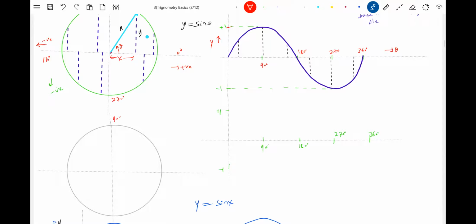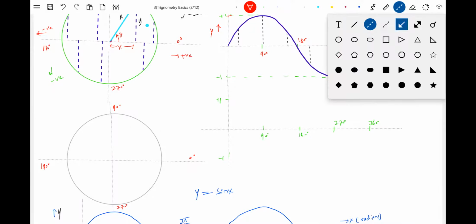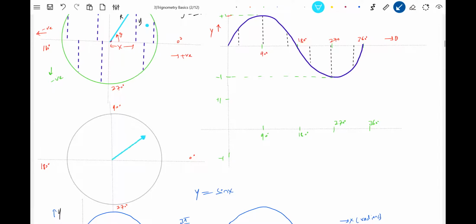Don't get confused. 0 degrees, 90, 180, 270. This is the reference line, we'll take it. So now we have to show the length of that. Everything will come horizontal only, no? So here I'll show it. I'll show you better.